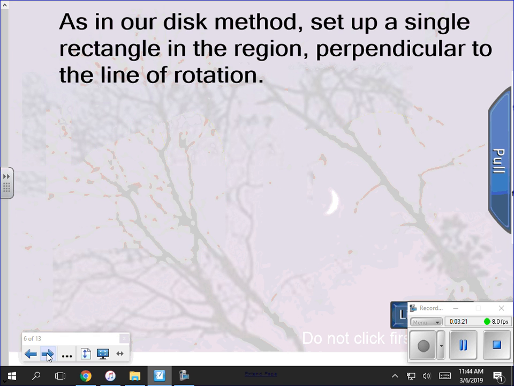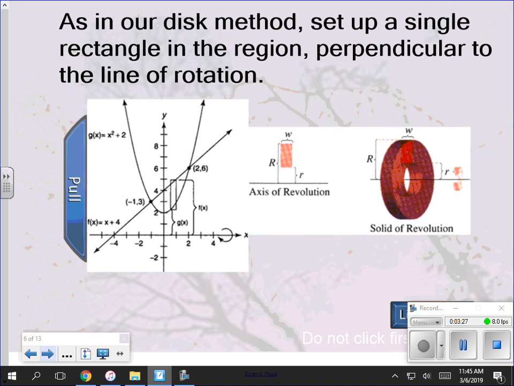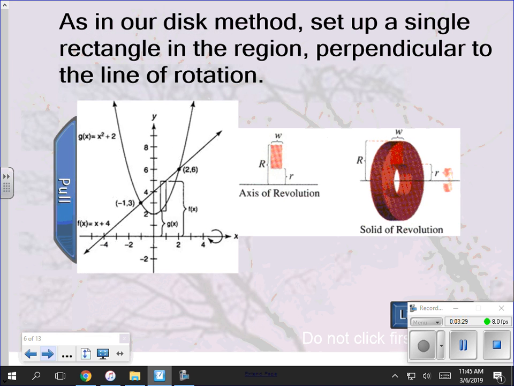In our disk method, we set up a single rectangle in the region perpendicular to the line of rotation. Same thing we did when we did solids. When we did disks, not washers, we set it up, we found our radius, we took a rectangle and found it out. You do the same thing here. I have x squared plus 2 and x plus 4.